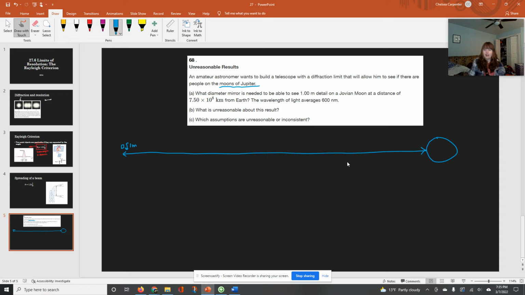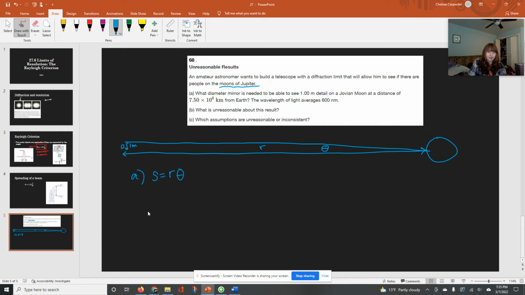So first off, we need to figure out our angle that we're dealing with in this problem. So if I'm looking at an object that's 1 meter wide, we can use the equation, technically arc length, but we can approximate that as the width of this object, equals r times theta, where r is the distance. So we're essentially going to figure out, looking at this thing way out here, what is this super, super, super tiny angle, theta.